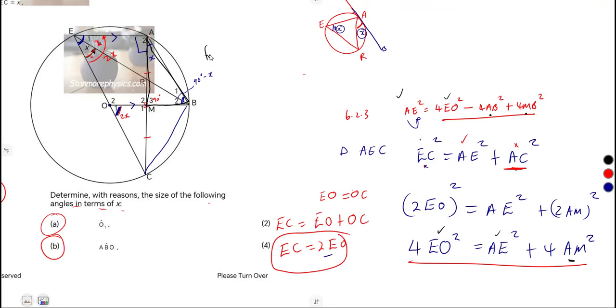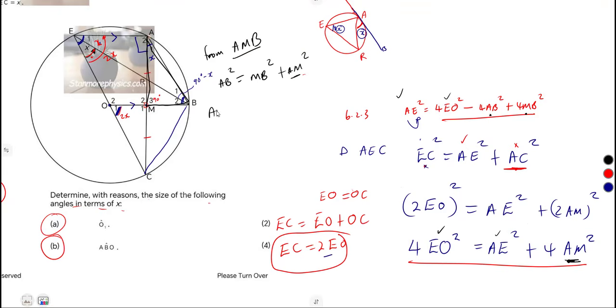So from right-angled triangle AMB, we can replace AM because of that. From our Pythagoras theorem, AB squared, our hypotenuse, is equal to MB squared plus MA squared, or AM squared. So you can see that AM, we can get rid of that AM squared.